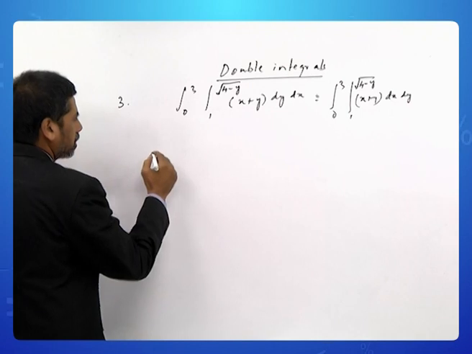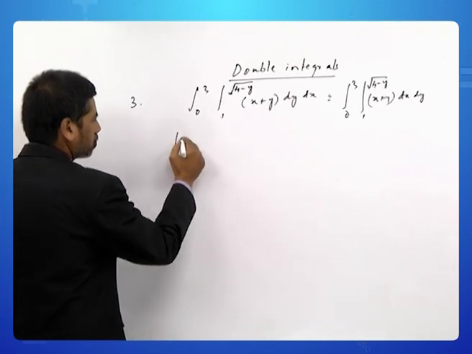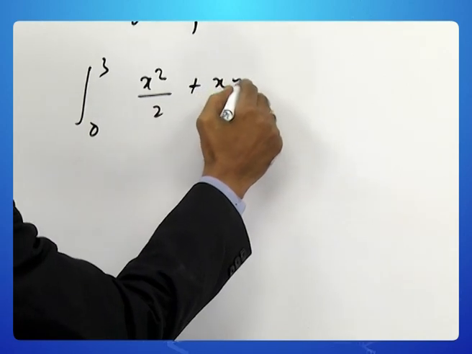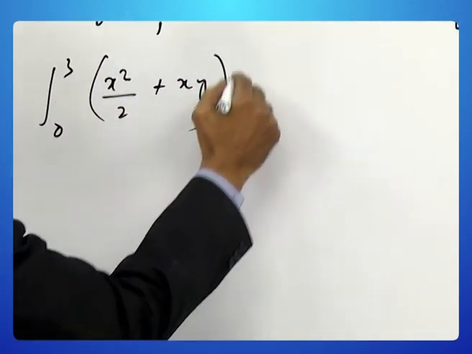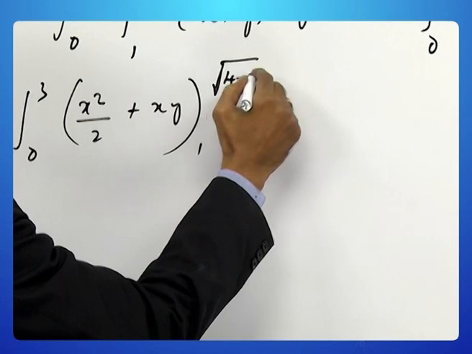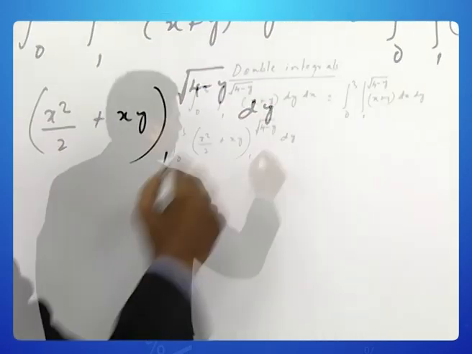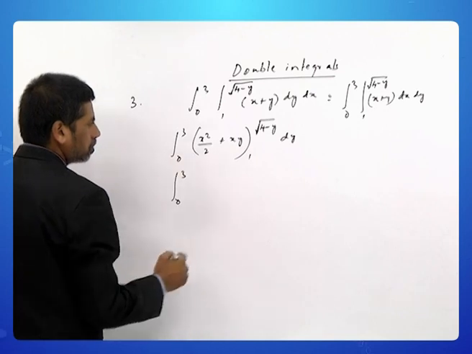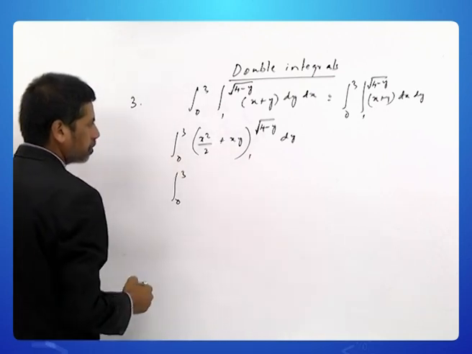So let's prepare the integration for this. 0 to 3, x square by 2 plus xy from 1 to square root of 4 minus y, dy. Be cautious because the lower limit also contributes.